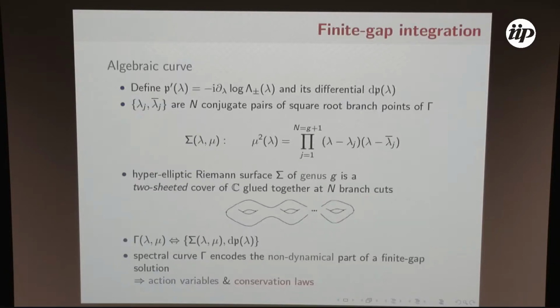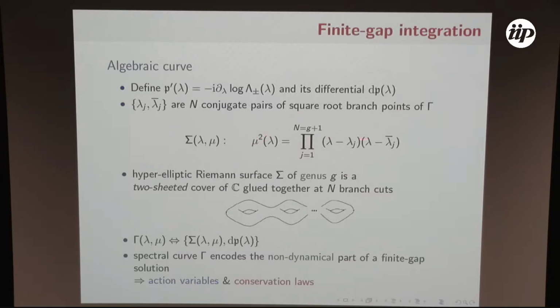But fortunately, it's very easy to handle this. What one should define instead is the logarithmic derivative of the eigenvalues, which is the derivative of the quasi-momentum, or equivalently assign to the quasi-momentum the differential dp. And then you see this differential as being some differential which lives on an algebraic curve. An algebraic curve, which I denote by sigma, is again a curve in the complex plane, which is defined by this algebraic equation.